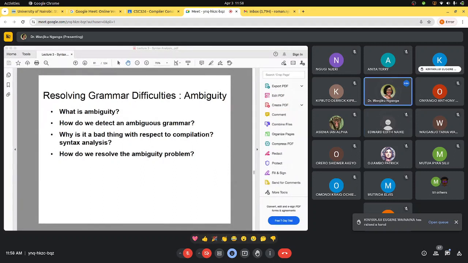Eugene, go ahead. It means it's not deterministic. There's no specific meaning. Are you sure? No specific meaning or multiple meanings? Yeah, there's multiple meanings. There's no one direct answer. Okay.